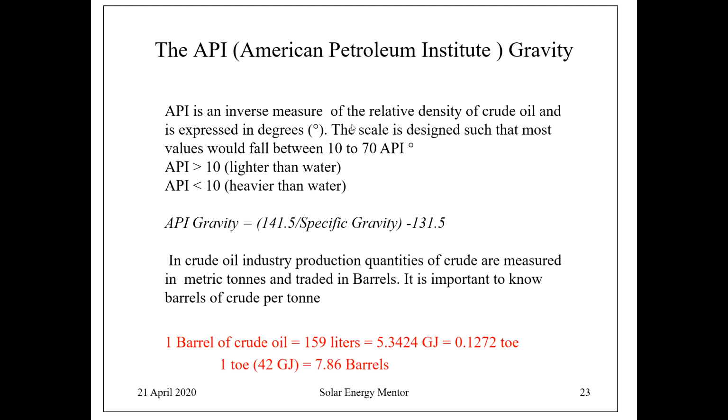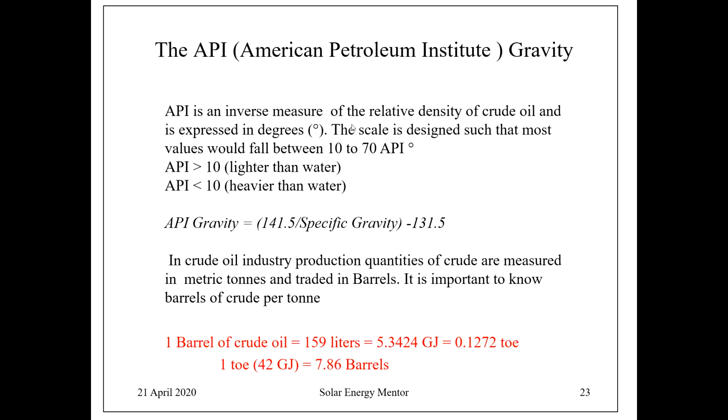The API is an inverse measure of the relative density of crude oil. The density of crude oil determines its price. API is expressed in degrees, and the scale is designed such that most values fall between 10 and 70 degrees API.